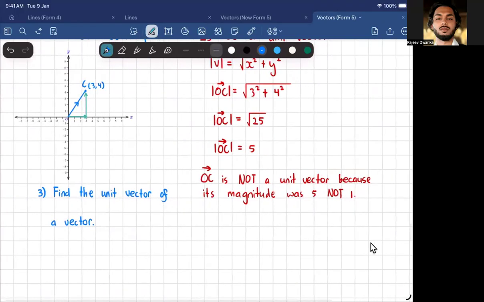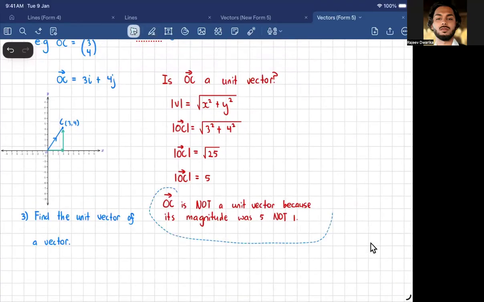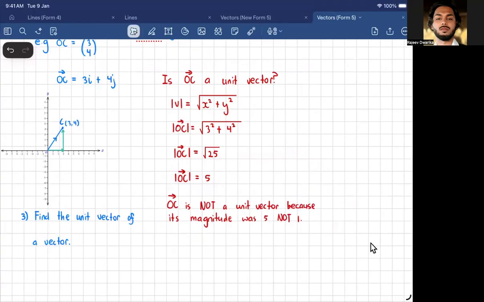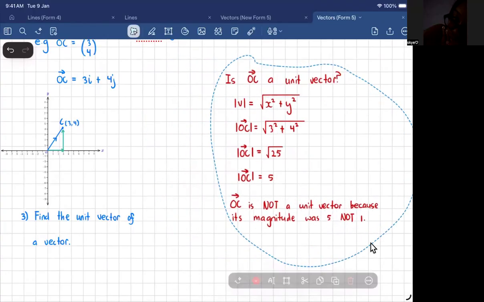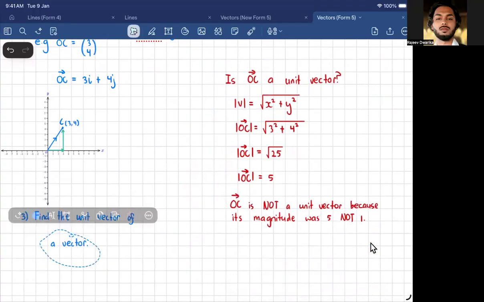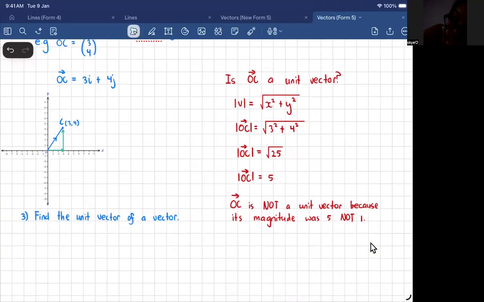Right. So Sky, OC is clearly not a unit vector, right? We see now, right? Yes, sir. And why is that? Just remind me, why is that? Because the magnitude is 5 now.